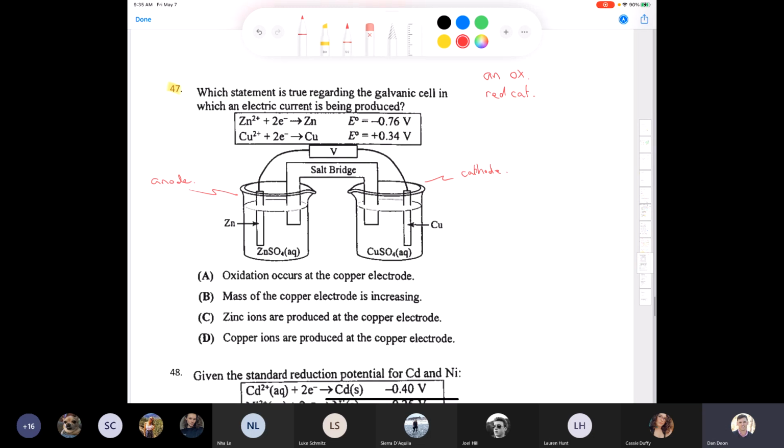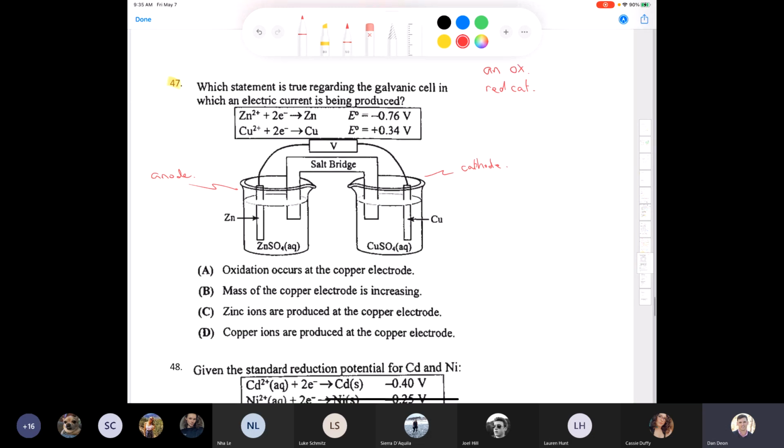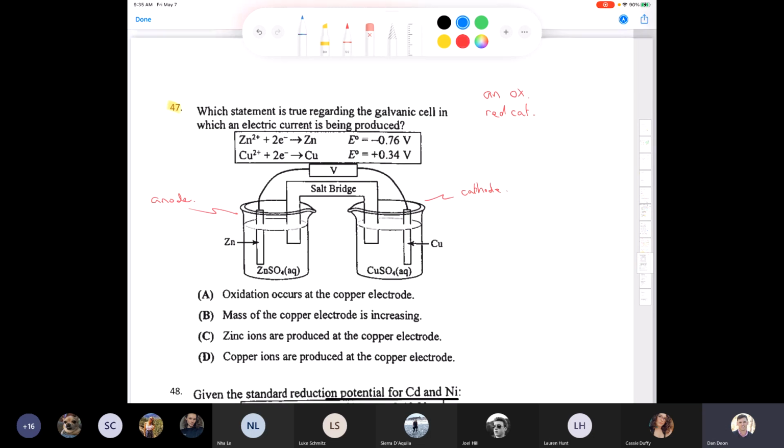So if we take a look at these possible answers, remembering that a galvanic cell is a spontaneous reaction, right? This is a cell that's just going to cause a flow of electrons to occur spontaneously. So in A, we see that it says oxidation occurs at the copper electrode.